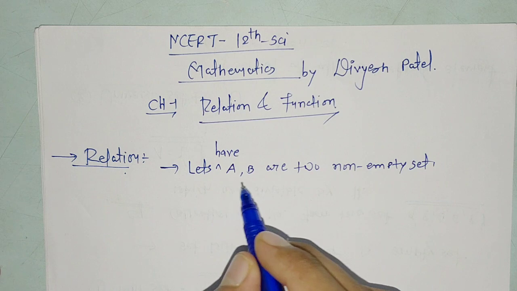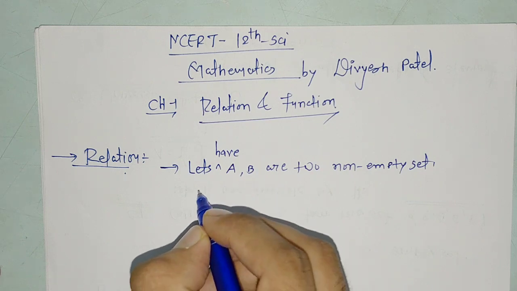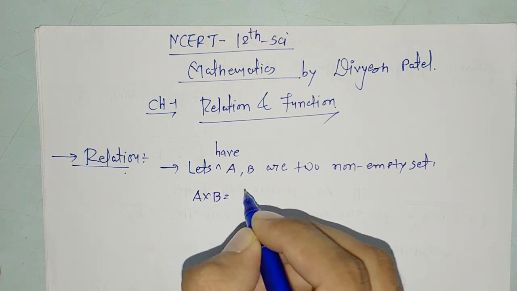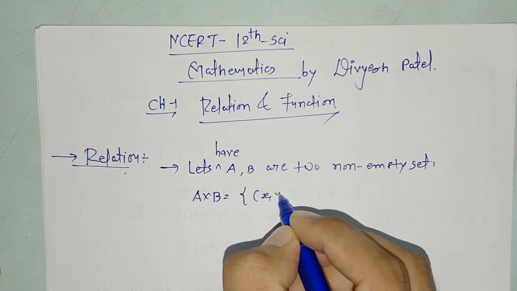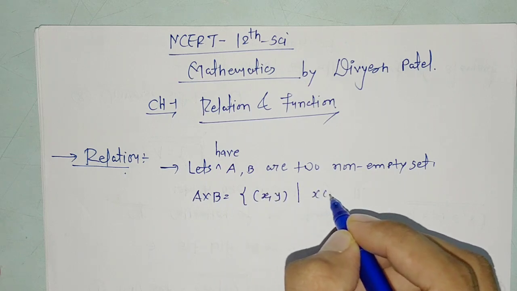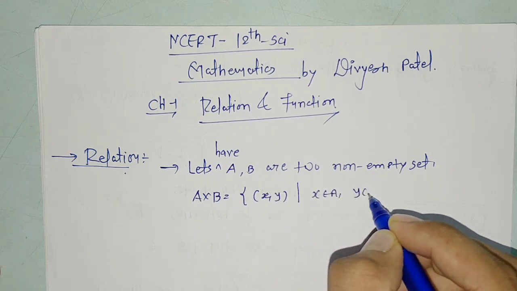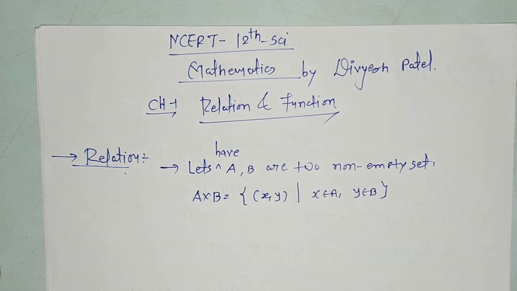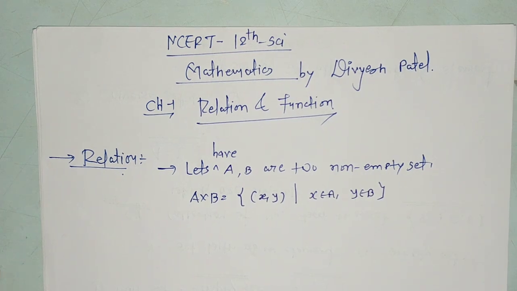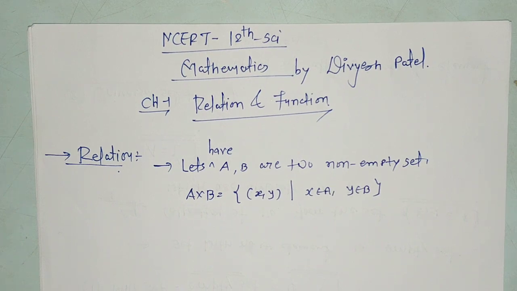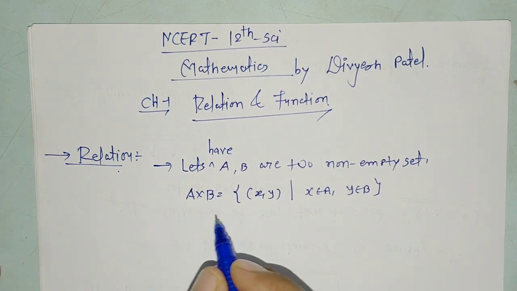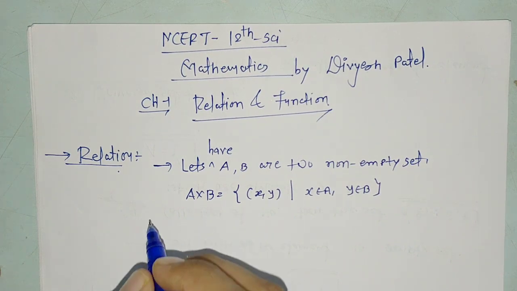We define the Cartesian product of A and B as A cross B is equal to the set of ordered pairs (x, y) such that x belongs to A and y belongs to B. Sorry for the inconvenience of the noise, but let's get further. A cross B is a Cartesian product.